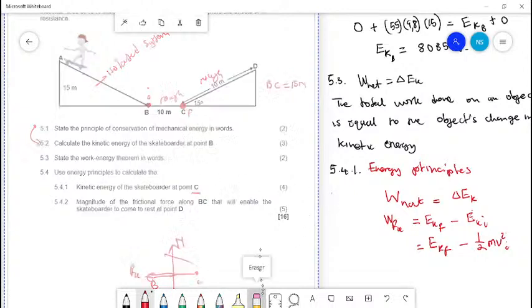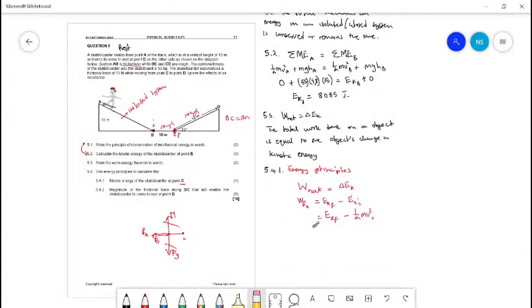Okay, so let's see how we answer this question. Okay, so we are calculating the kinetic energy at point C. So we chose to analyze point BC.